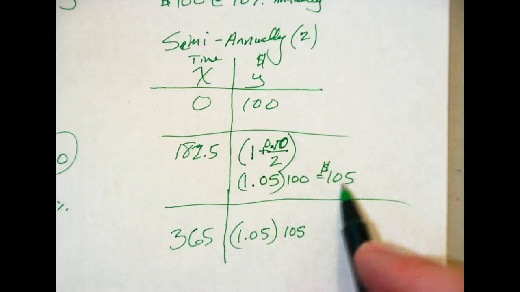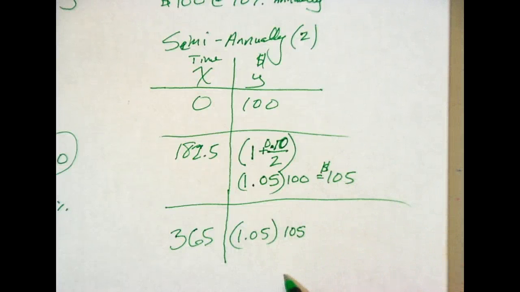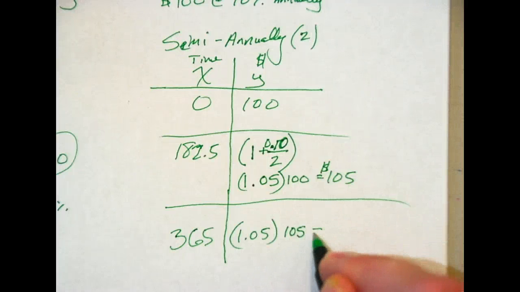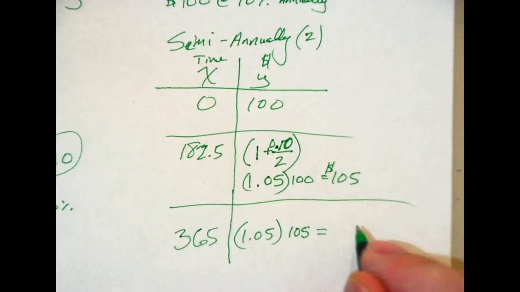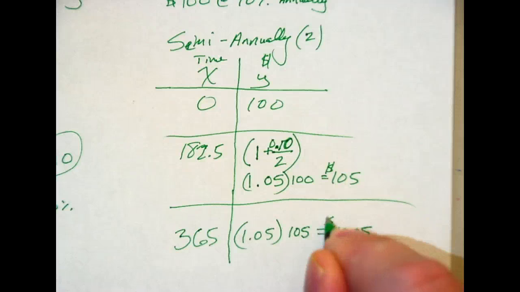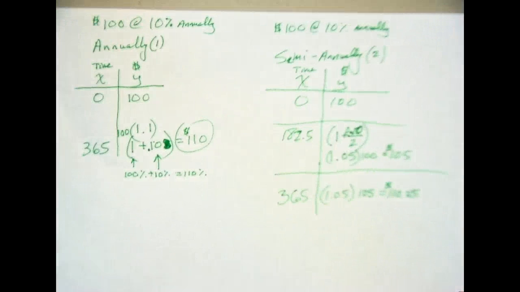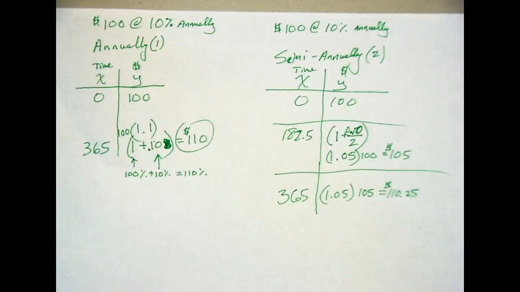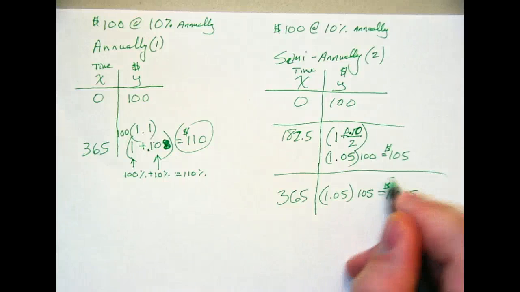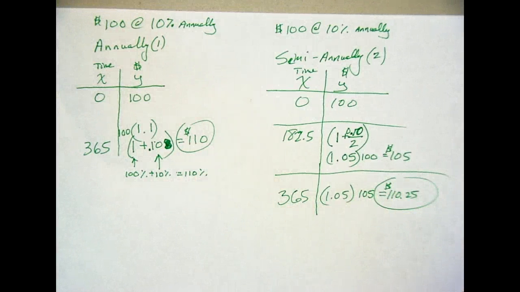You now have principal and interest that you're earning interest on. It's compounding. How much is that? $110.25. So, by going with the bank that gives you semi-annual interest, you get 110.25 versus the bank that goes annually gives you 110. You earned an extra quarter.